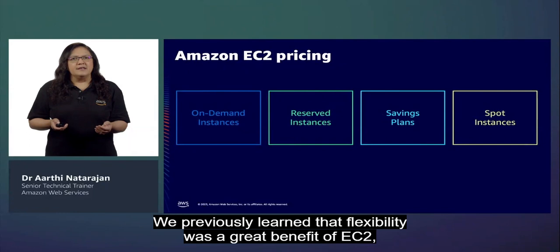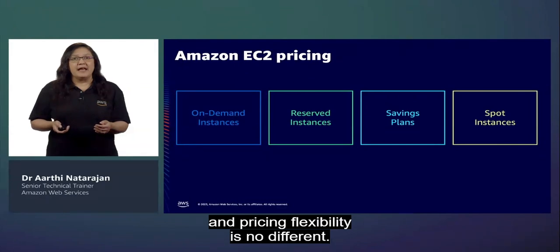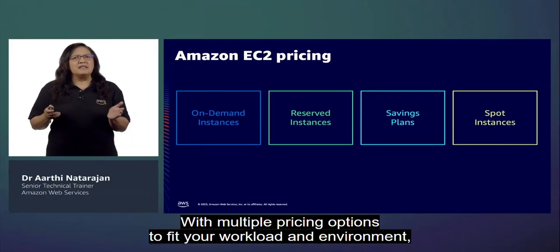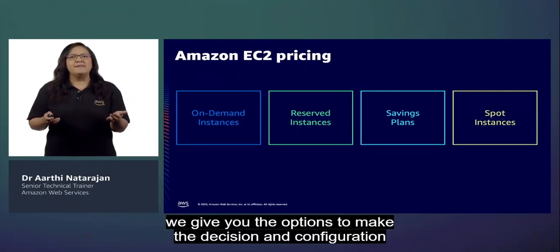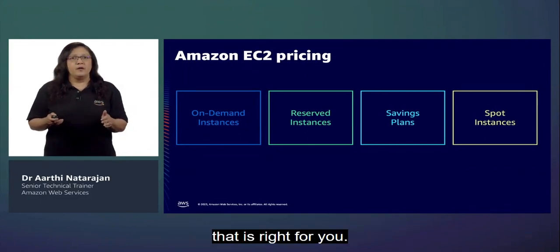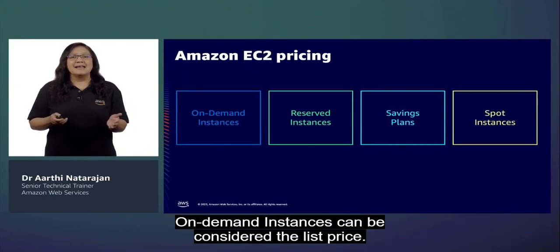We previously learned that flexibility was a great benefit of EC2, and pricing flexibility is no different. With multiple pricing options to fit your workload and environment, we give you the options to make the decision and configuration that is right for you. On-demand instances can be considered the list price.